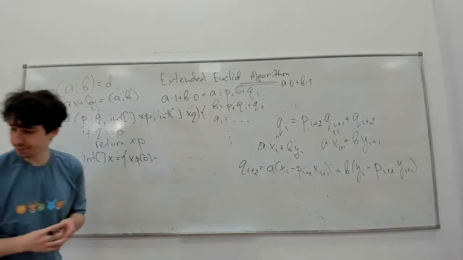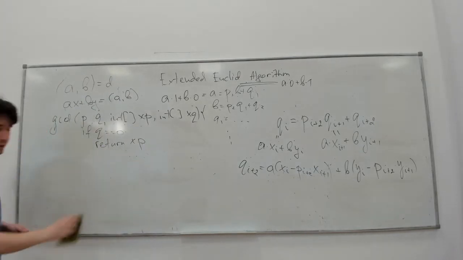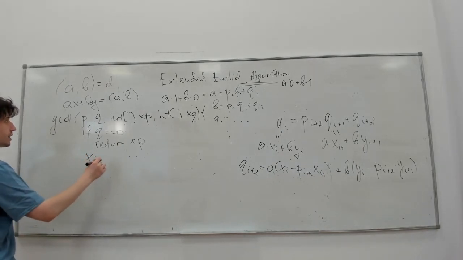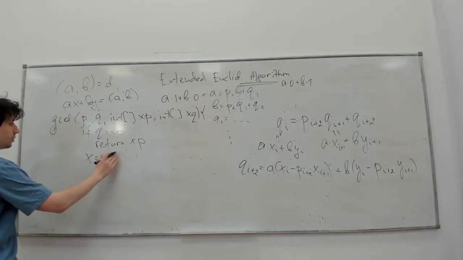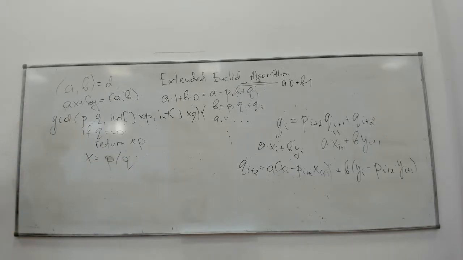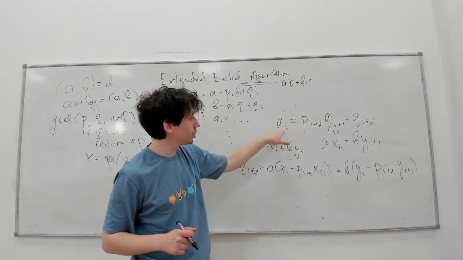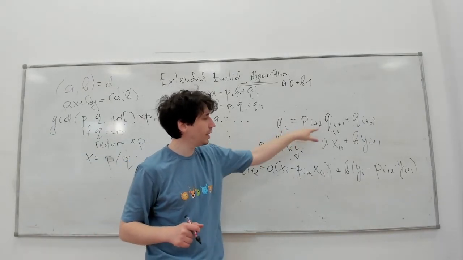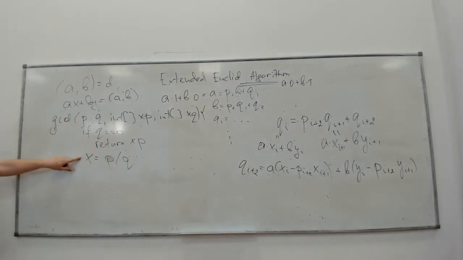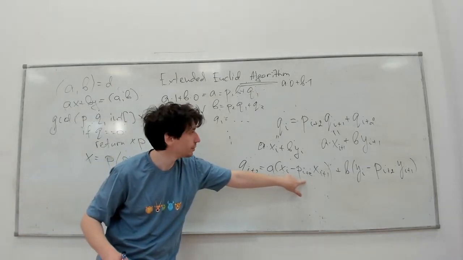Oh, sorry. First, we need to get the multiplier. The multiplier will be x, which is P divided by Q. As you can see here, Pi plus 2 is the division of Qi and Qi plus 1, and this is the remainder. So we calculate this x, which is exactly this Pi plus 2 here.